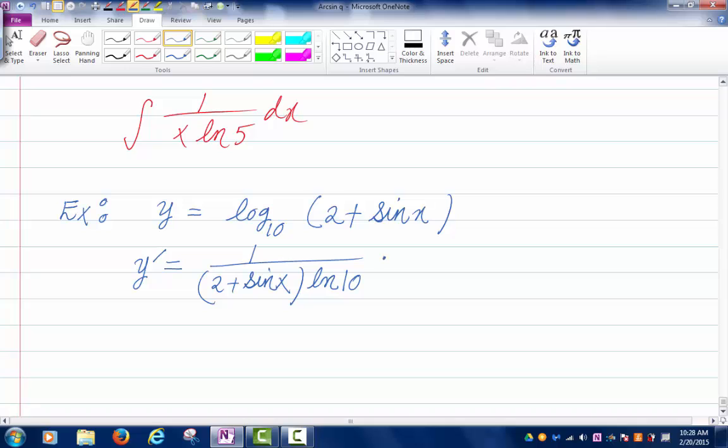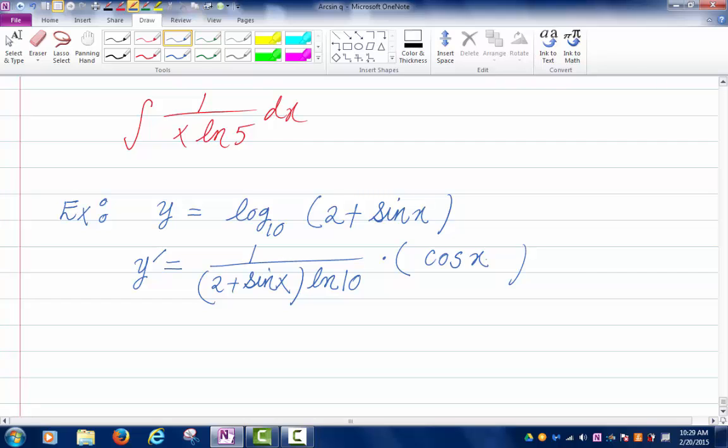But then I know that now my eyes are better. 2 plus sine x isn't really x, so I have to multiply by what? Multiply by its derivative. What's the derivative of 2? 0. What's the derivative of sine? So I have to multiply by the derivative of 2 plus sine x, which is cosine x, and that's the derivative. Is that okay?